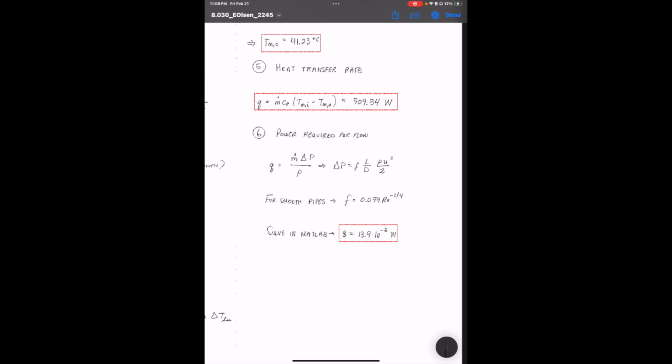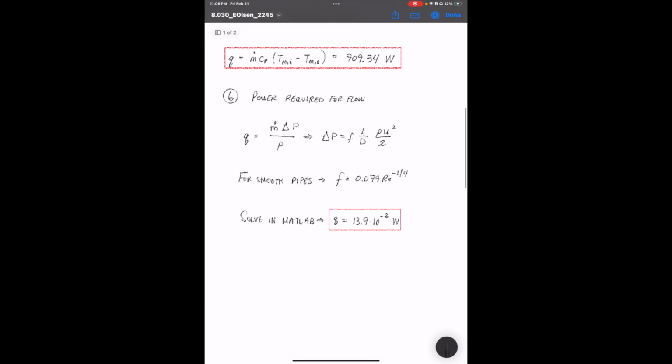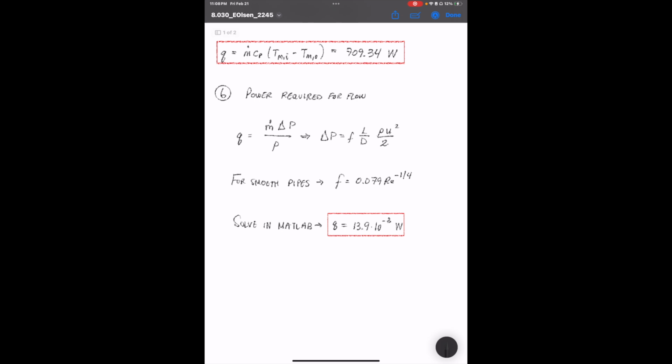And we can calculate the power required to flow this much mass flow through our pipe just using standard pressure drop equation. And it's going to be the pressure drop which is causing any resistance to the flow due to any surface smoothness fluctuations.